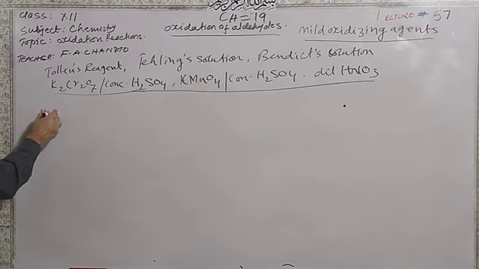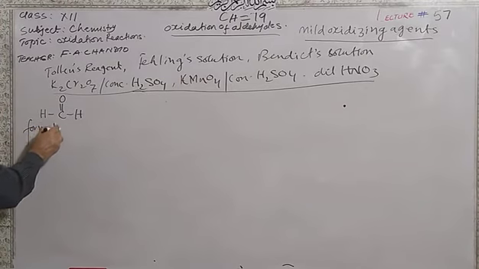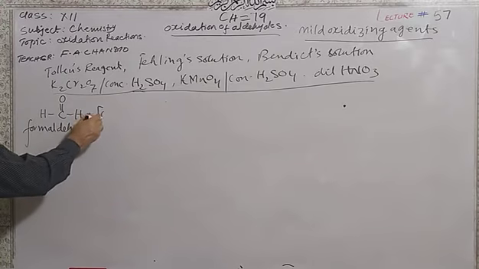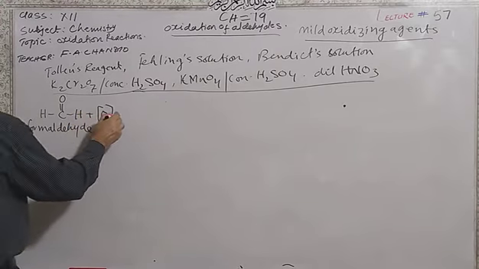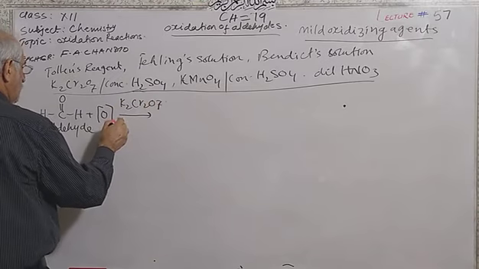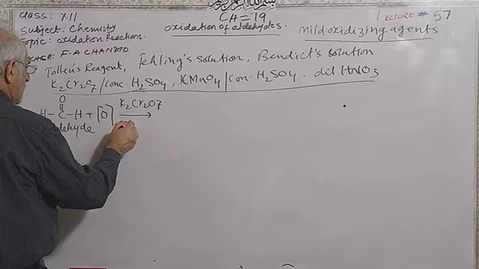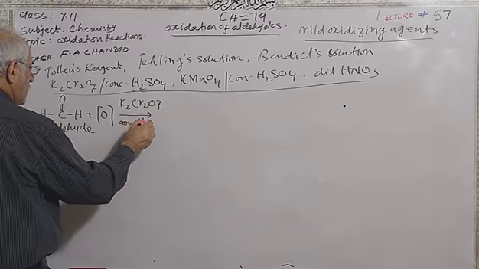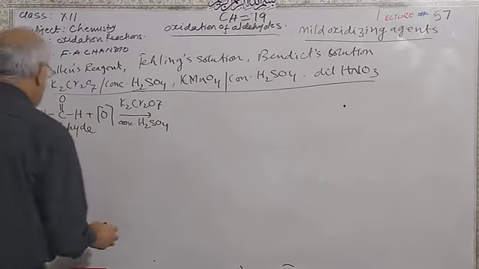That's right, formaldehyde, actually they give nascent oxygen. This is the nascent oxygen in presence of any one of them, potassium dichromate solution and concentrated sulfuric acid with the dilute nitric acid.